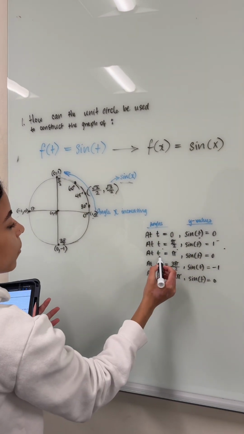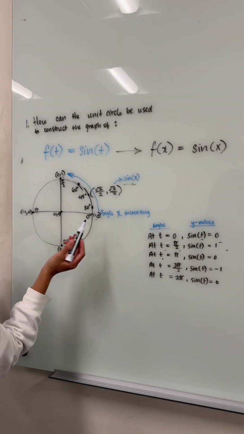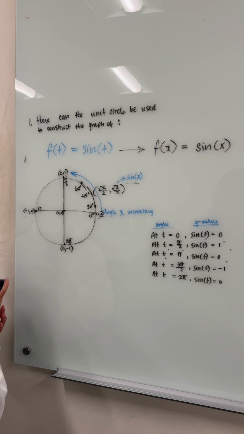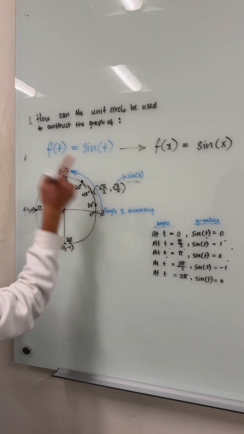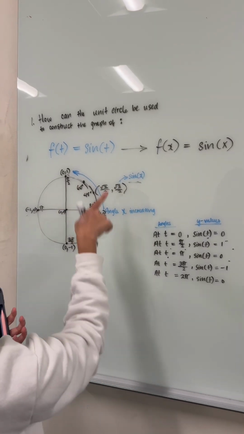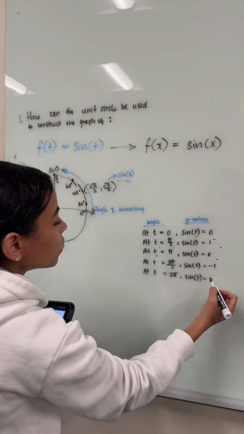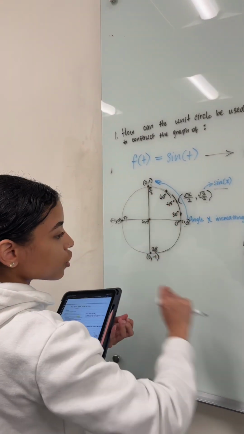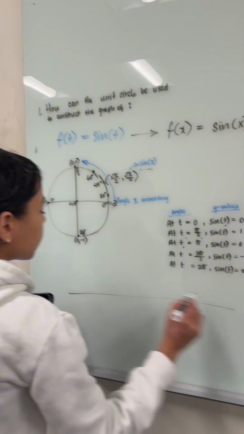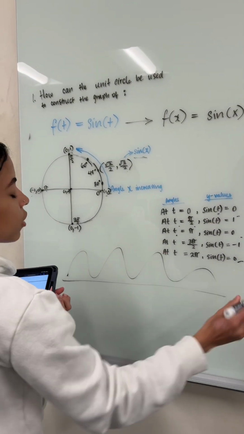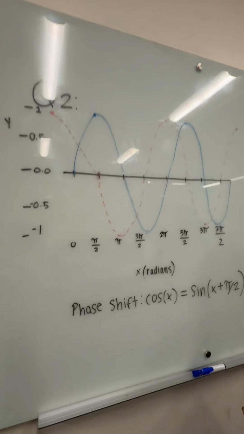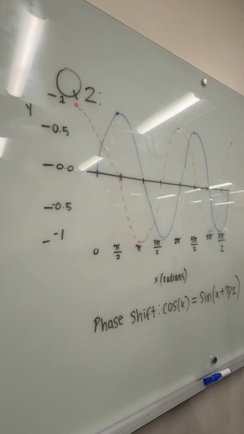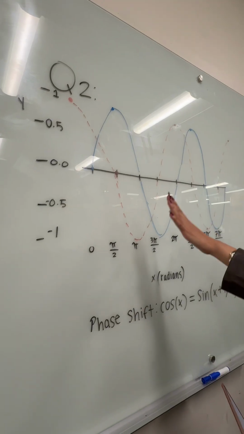Same here with t at pi, the sin value would be 0, and at t equals 2 pi, it would be 0. So if we were to stretch out the circle and put it like this, it would look like the regular sine graph we know.